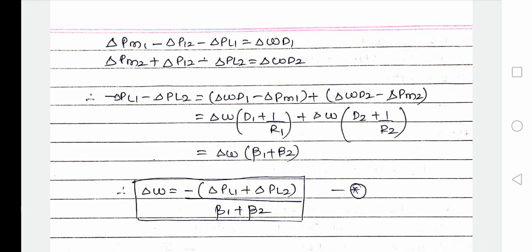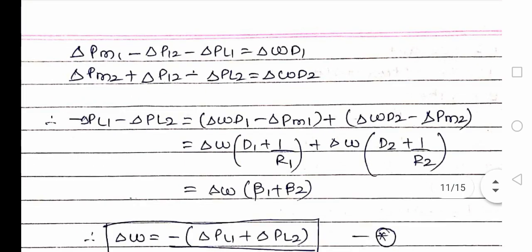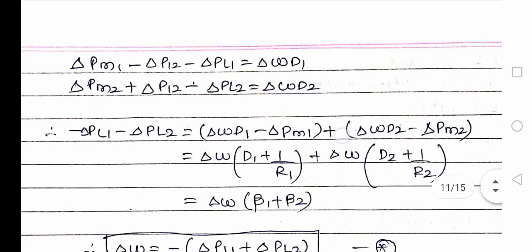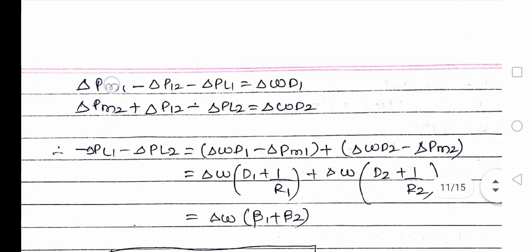Always you have to take delta for change in the load. So here we are left with minus delta PL1 minus delta PL2. These two you have to take equal to delta omega D1 minus PM1, this one, and plus delta omega D2 minus PM2. These two are plus here.